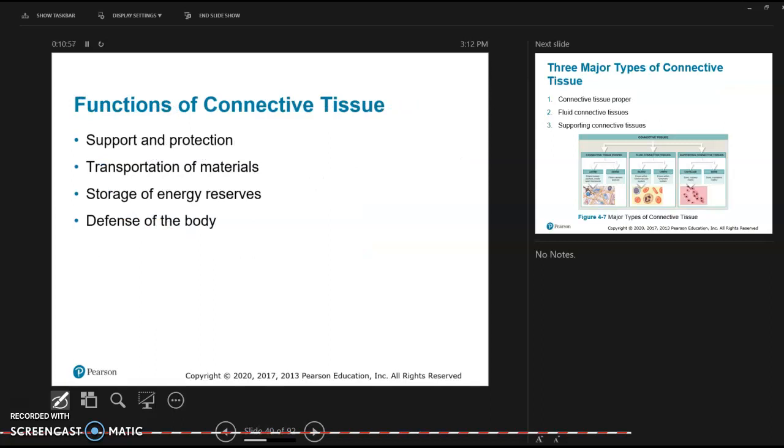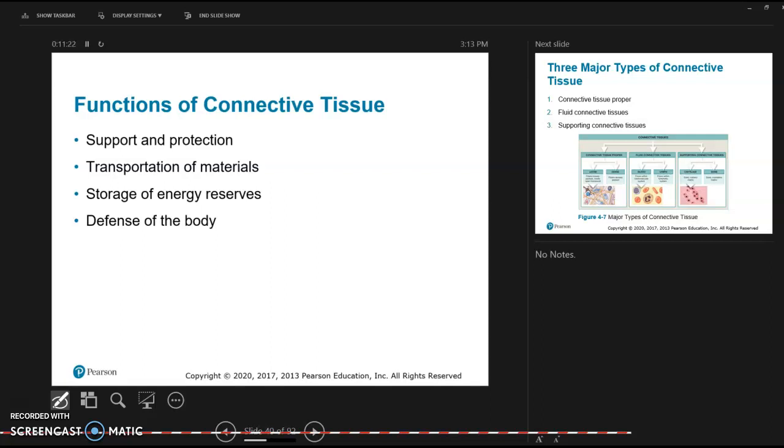Functions of connective tissue are support and protection. For example, bone is a connective tissue, and your rib cage and your skull protect the brain and the lungs and the heart. Transportation of materials. Another connective tissue is actually blood, and it transports nutrients and oxygen throughout the body.